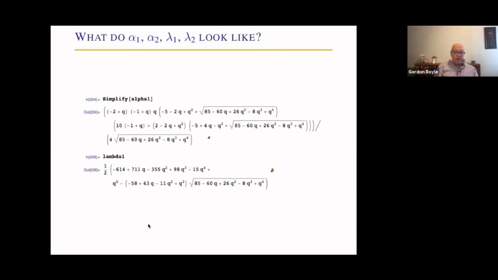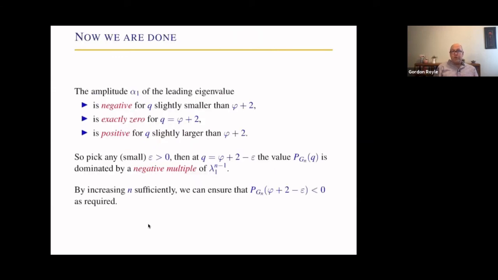And what we discover is that the amplitude of the leading eigenvalue, so the multiplier of the leading eigenvalue, is negative if Q is slightly smaller than 5 plus 2, 0 at 5 plus 2, and positive when Q is slightly larger than 5 plus 2. So if I've got a negative multiple of lambda 1 to the n minus 1, and lambda 1 is the leading eigenvalue, then if I take n very large, this value will necessarily become negative.